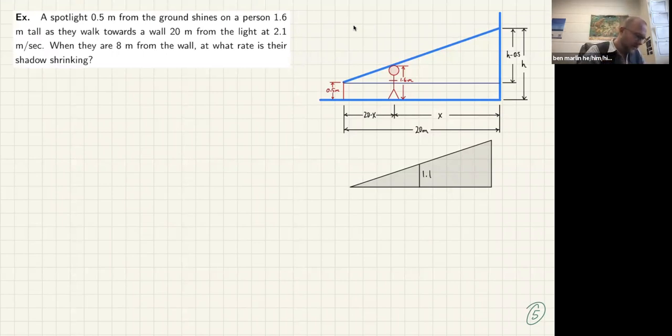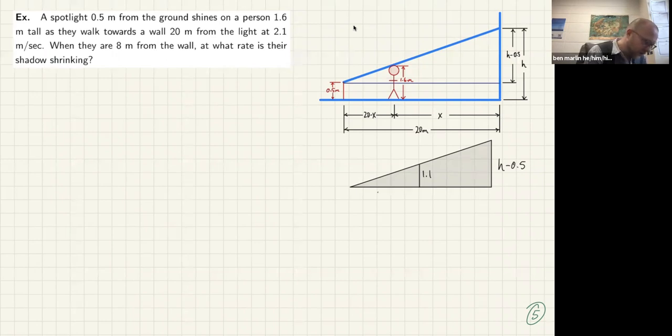So then we're going to be thinking about the part we've got here. The h minus 0.5 is a base of a large triangle, and the 1.1 is a base of a small triangle.